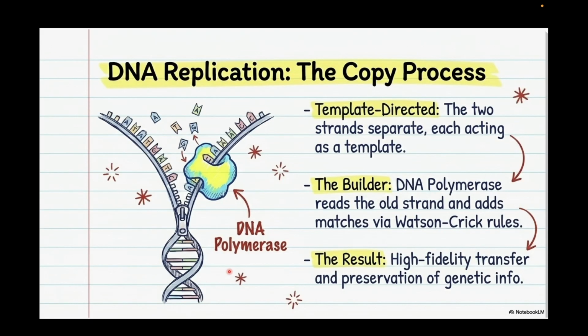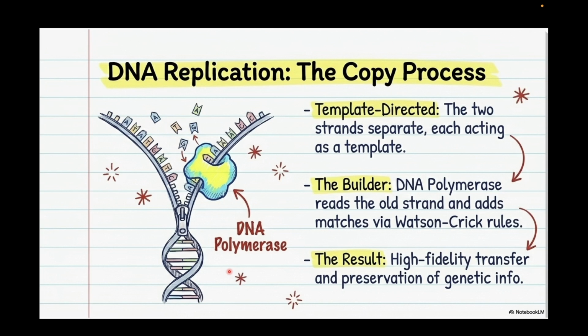Now, how is DNA replicated? DNA replication is the process of copying DNA. Before the cell divides, the DNA helix unwinds and the 2 strands separate. Each original strand acts as a template, and the enzyme DNA polymerase reads the template to form the new strand.